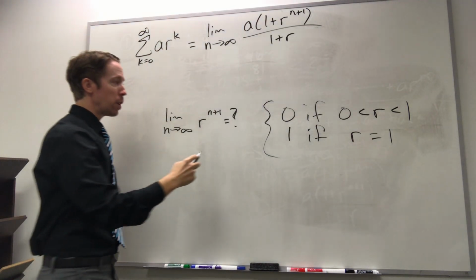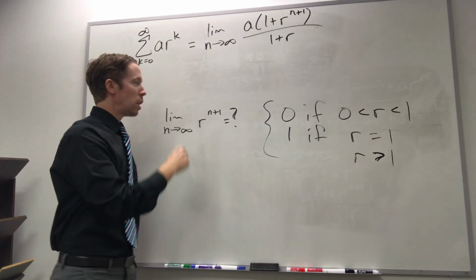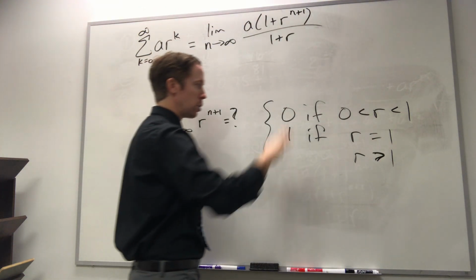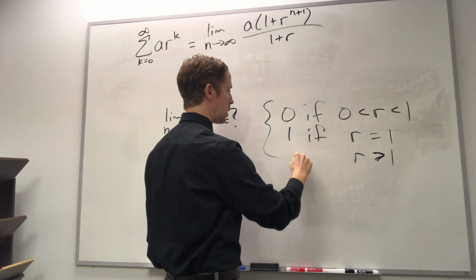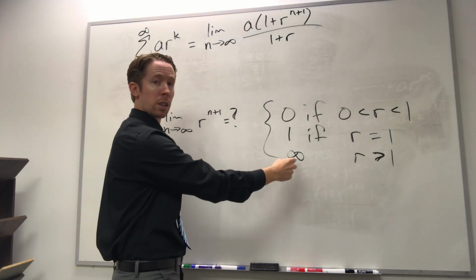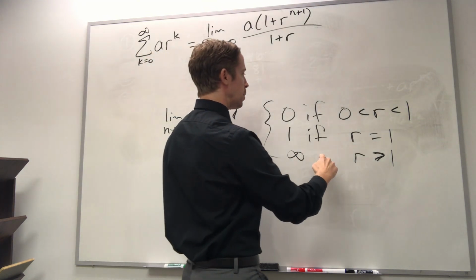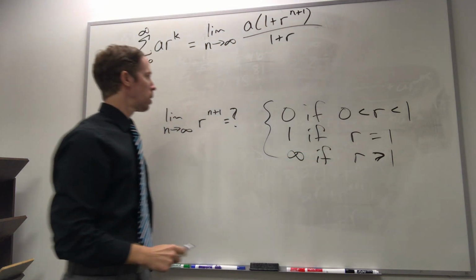And then if r is bigger than 1, and you keep raising it to larger and larger powers, there's no limit to how big you'll get. So let's say this is equal to infinity. I mean, the limit diverges in this specific way, or the limit doesn't exist in this specific way.